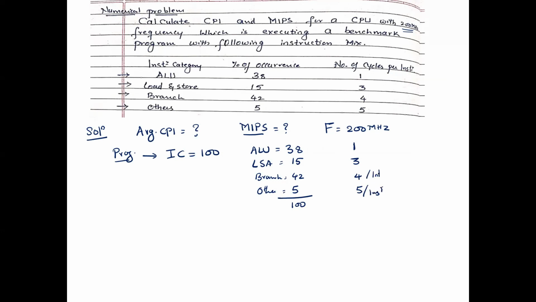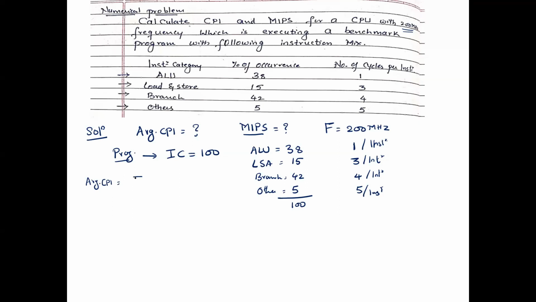These are all per instruction. So don't consider that 38 instructions will execute in one cycle. No, right? One ALU instruction will take 1 cycle. And one load store instruction will take 3 cycles to execute.